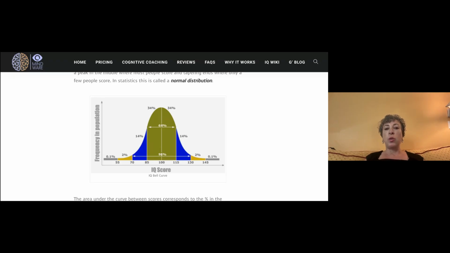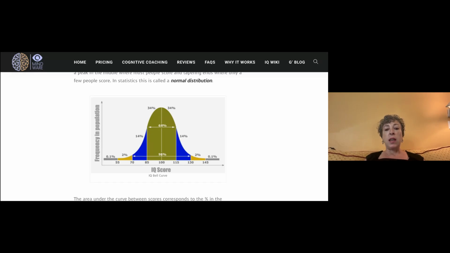Now, if we go two standard deviations from the mean, we subtract another 15 points on the downside. So we get down to 70. And then we add another 15 points on the high side to get us up to 130.